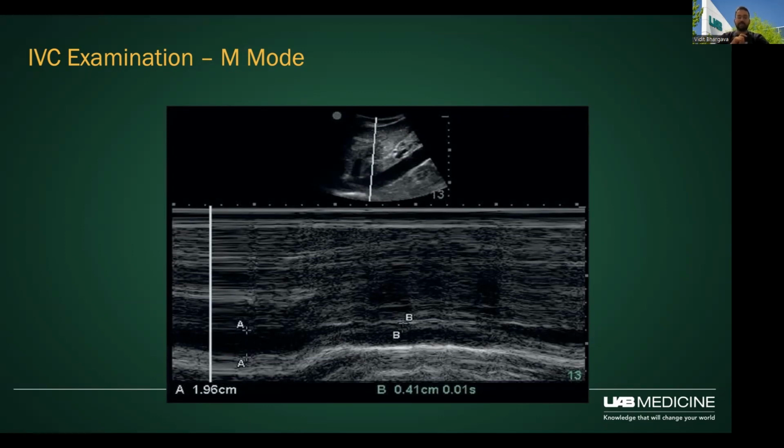One of the big pitfalls that you have to remember if you're doing this is that your IVC moves slightly up and down as the patient breathes. And so sometimes the change in IVC diameter may actually just be that your IVC is not in the plane of your measurement and has either moved up or down.